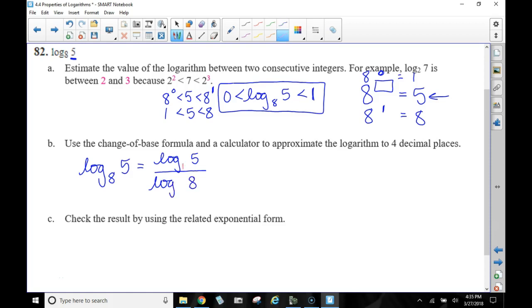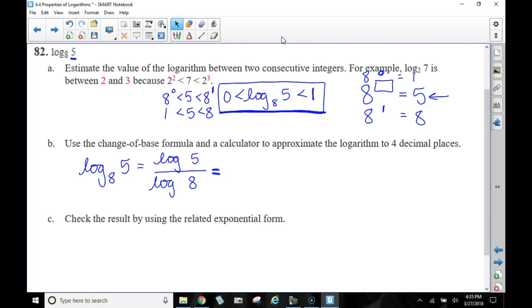Both of these are understood to be 10. I don't really even need to write those, but what I've got going on here is going to tell me how to find this number between 0 and 1 for my logarithm. I'm going to do the log of 5 divided by the log of 8.